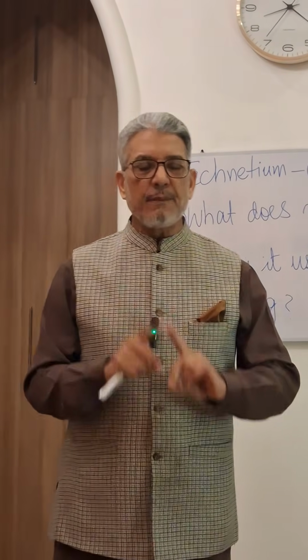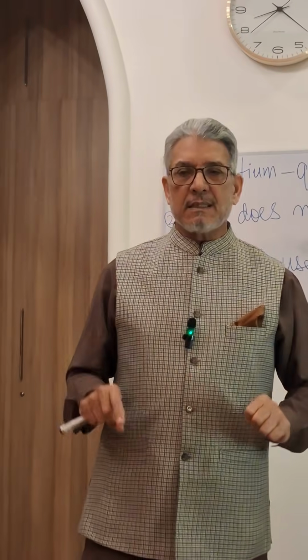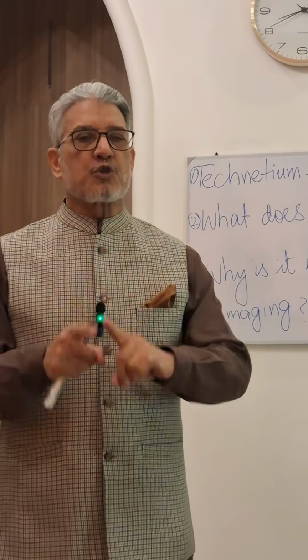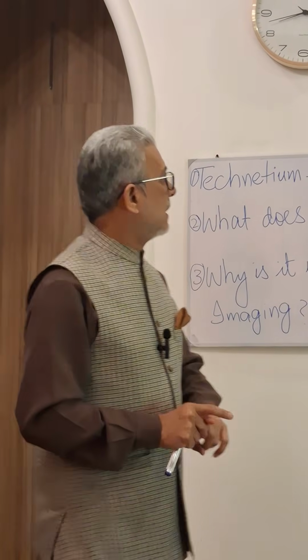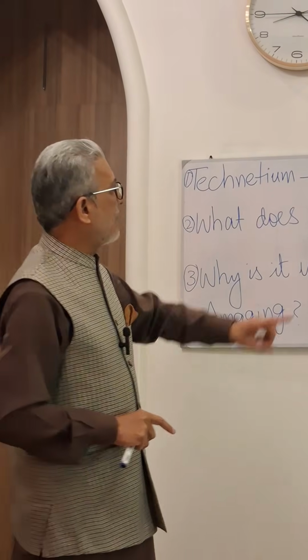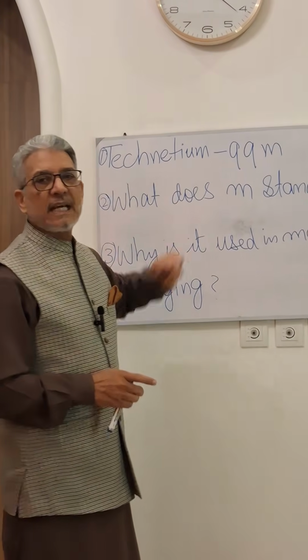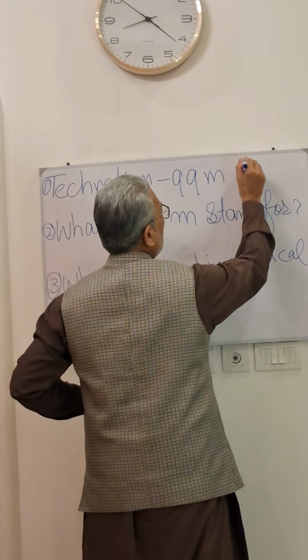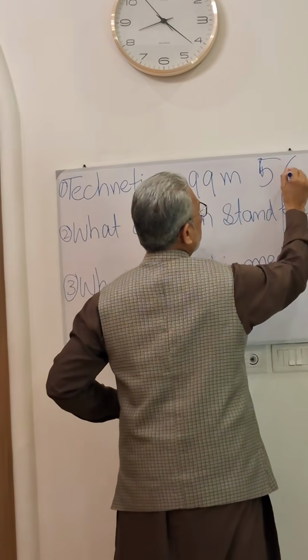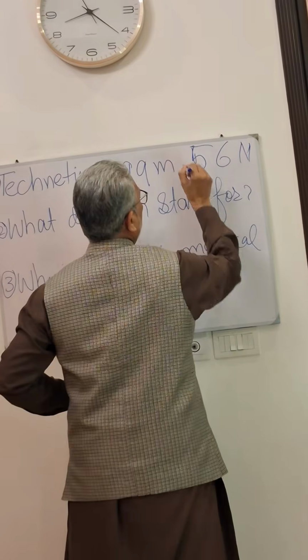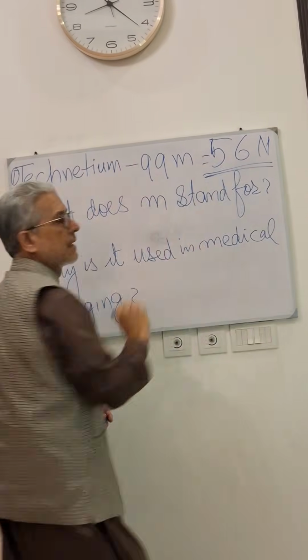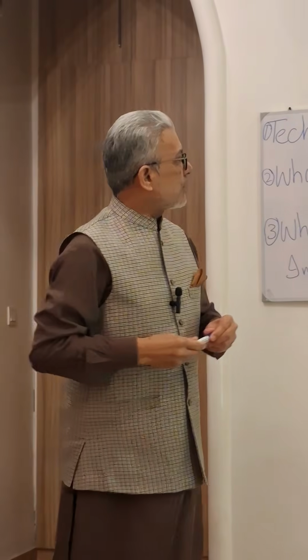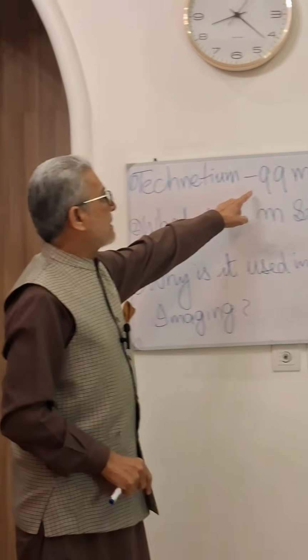When it has 43 protons, how many neutrons will it have? Subtract 43 from 99, you will get 56. So you have 56 neutrons. So 56 neutrons and 43 protons put together becomes 99.